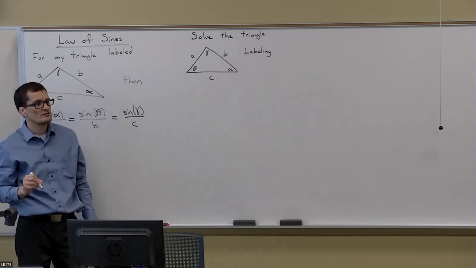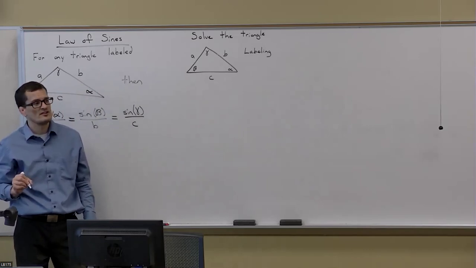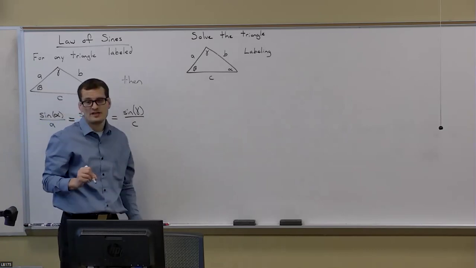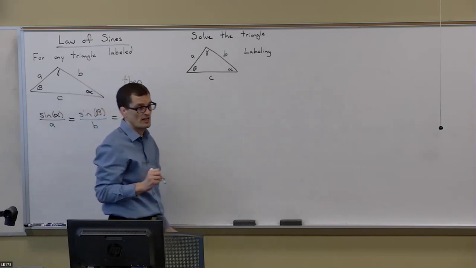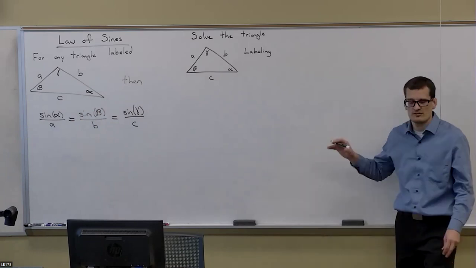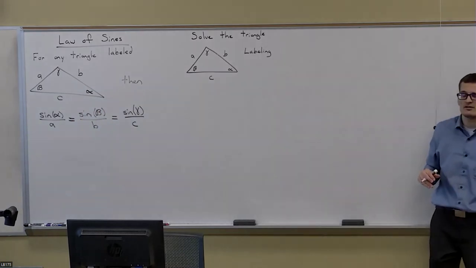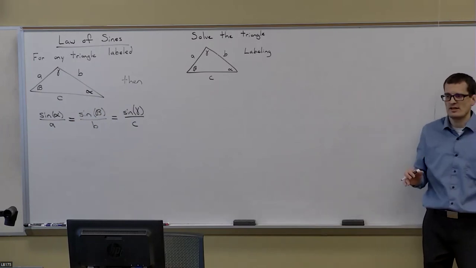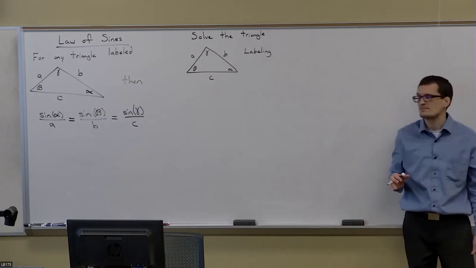I'm never going to change that. It's never going to be the case that I'm going to have gamma opposite of B instead of gamma opposite of C. So every single triangle we deal with, both right triangles and non-right triangles, will have that labeling. All right.